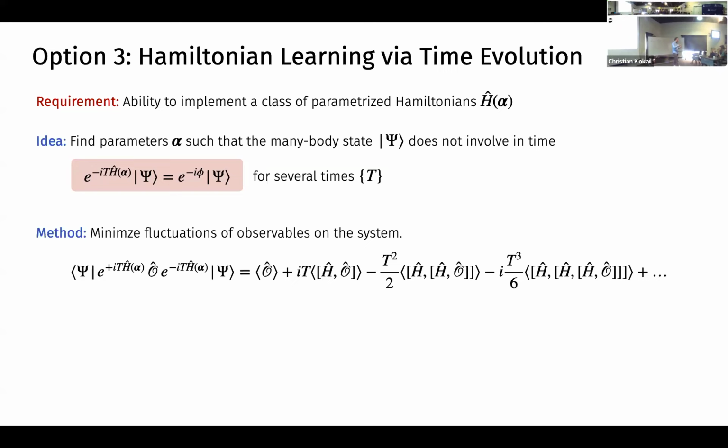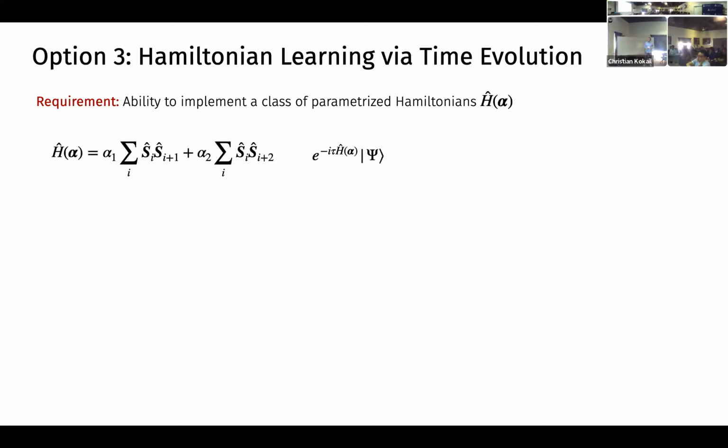This O can now be just maybe a sigma c. Here you have to measure commutators of observables, and some experiments have problems with that. Think about a quantum gas microscope. They can only do shots and see atoms sitting there, so they are very limited in what they can measure. And this is something where you can learn the Hamiltonian from these single observables.